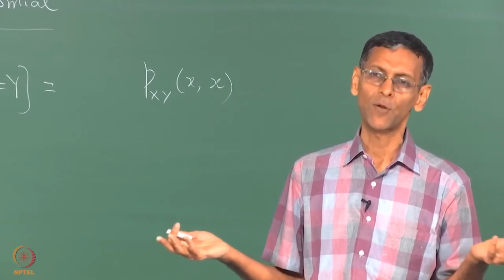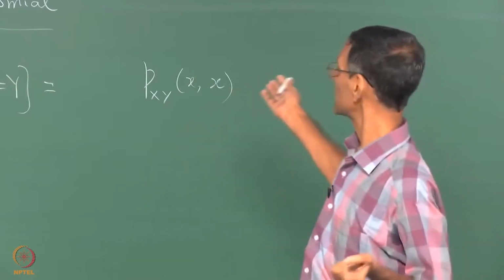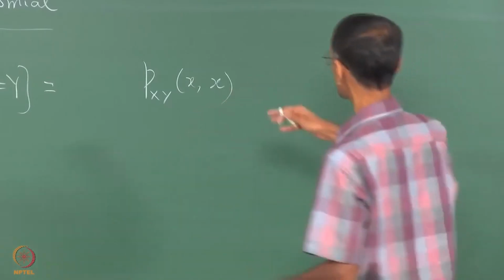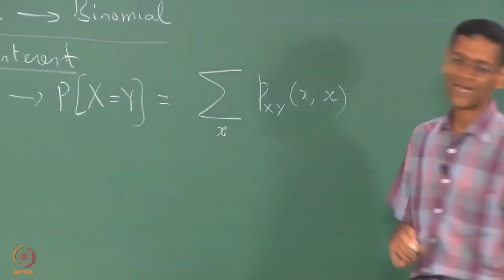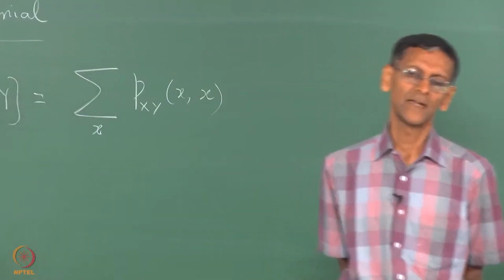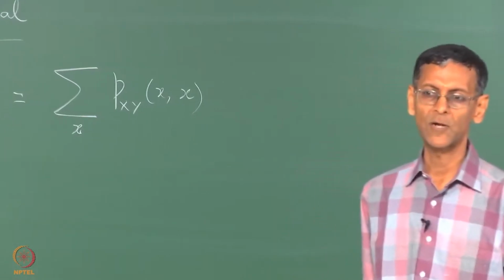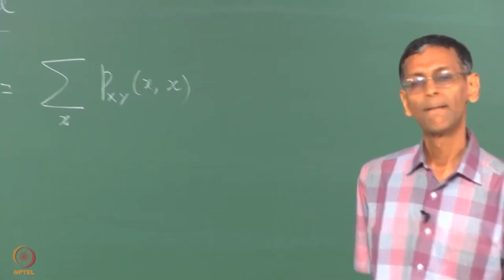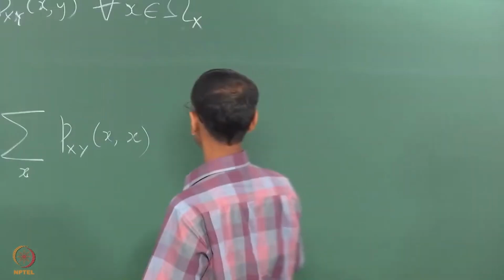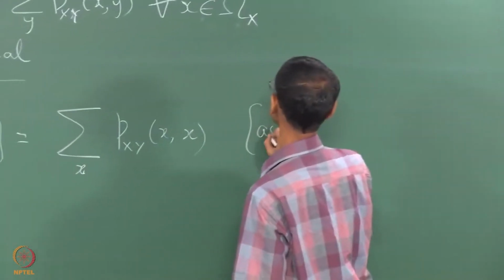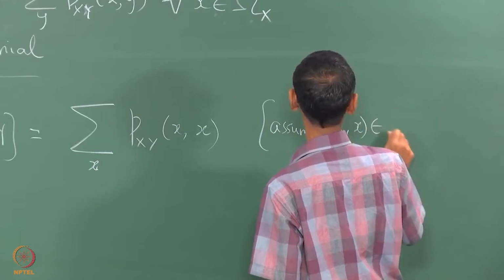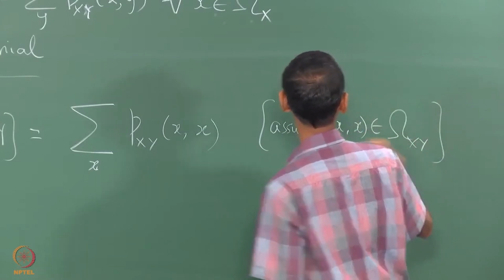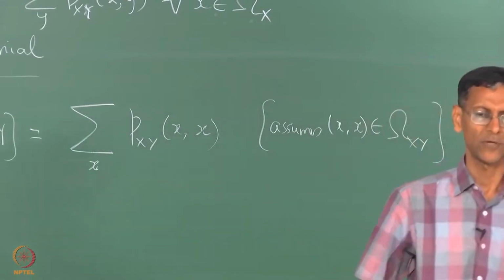In that case the probability will be 0, but in the trinomial case this is not going to be 0. So, in general you add up all these probabilities with equal arguments for x and y. This assumes you have at least one point in omega xy, otherwise the probability is really 0.